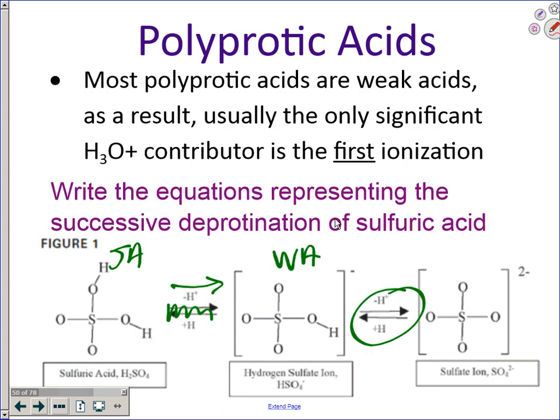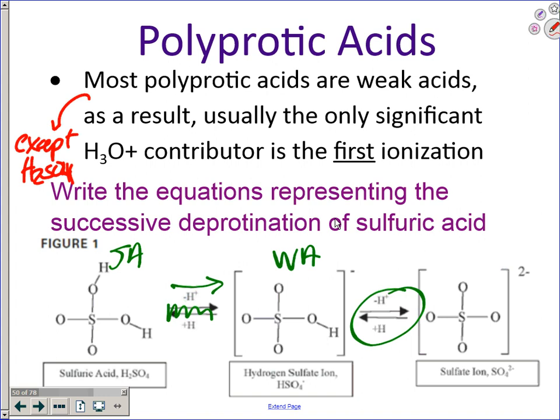Okay, so with respect to sulfuric acid, we know sulfuric acid is a strong acid. Yes? It's one of the weirdos because it's diprotic, it's strong, but then everything after that it forms is weak. Most polyprotics that we deal with are weak, except for sulfuric.